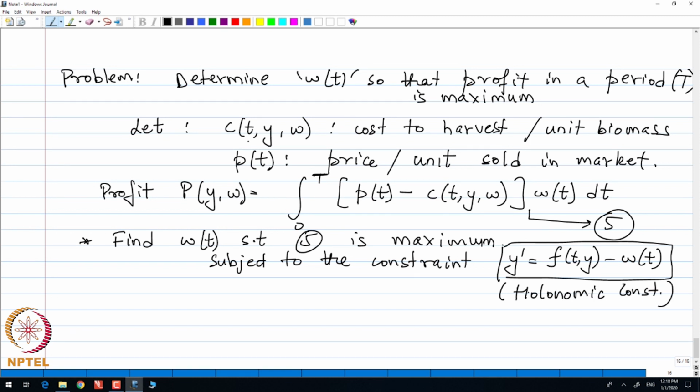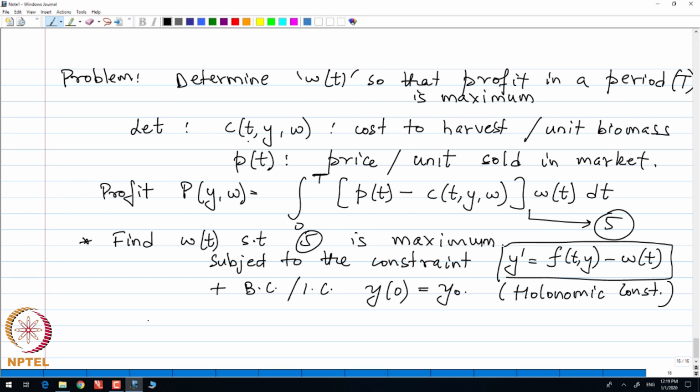Okay. So, we are going to deal with the class of problems of extremizing functionals with holonomic constraints later on. And of course, we have boundary conditions, or I would say initial conditions in this case, which is given by the fact that y at t equal to 0 is y 0, right.